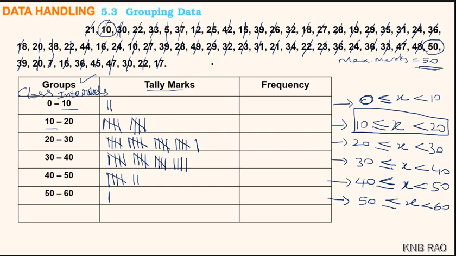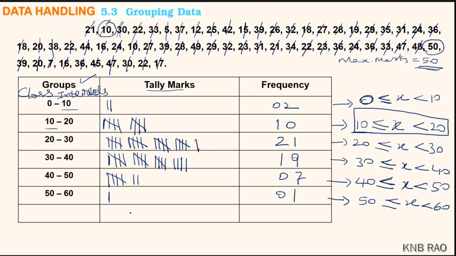So with this, all 60 students' marks that were provided I have counted in the class intervals. In 0 to 10 I have only 2 students, in 10 to 20 I have 10 students, in 20 to 30 there are 21 students, in 30 to 40 there are 19 students, in 40 to 50 there are 7 students, and in 50 to 60 only 1 student.